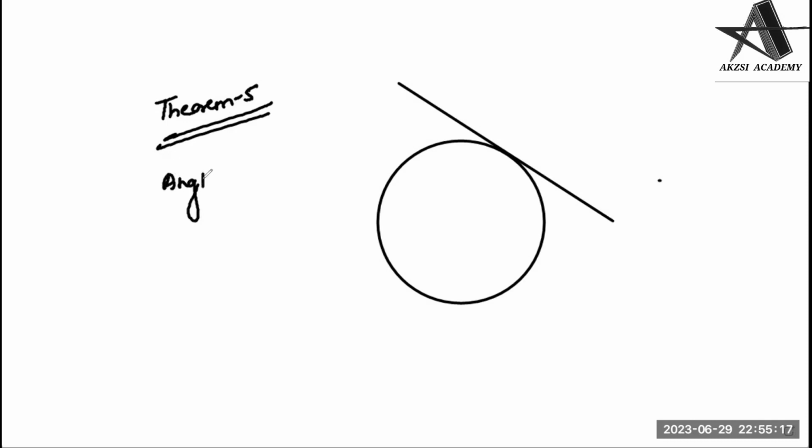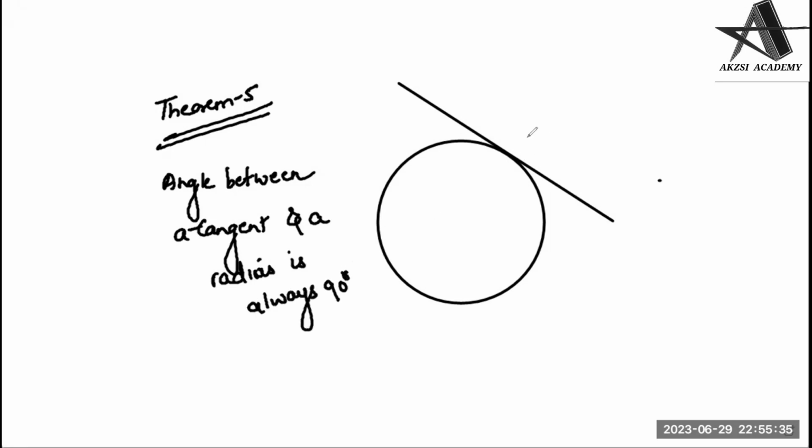So the angle between this tangent and this radius OB is 90 degrees. This is your theorem 5.